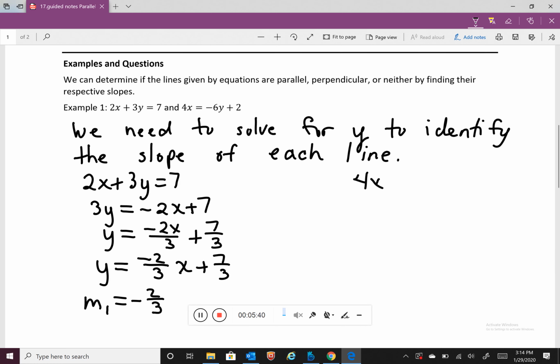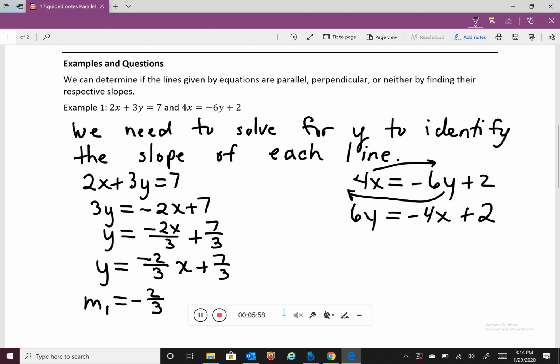And for our second line, notice that the y is on the right-hand side. For 4x set equal to negative 6y plus 2, we want the y to be on the left and the x to be on the right. So we need to add 6y and subtract 4x and leave the 2 alone. Now dividing everything by 6, we have y is equal to negative 4x over 6 plus 2 also being divided by 6, but you can simplify.